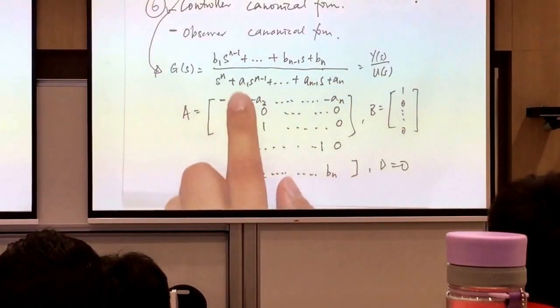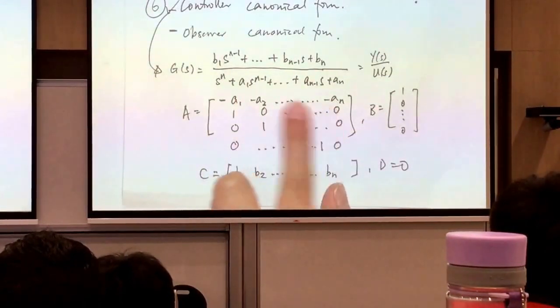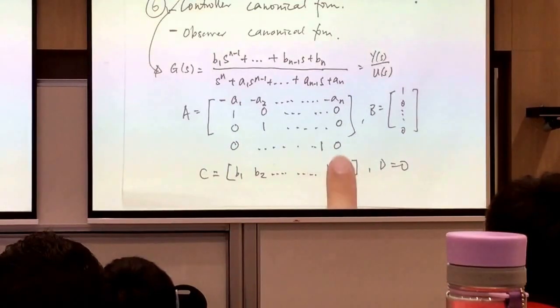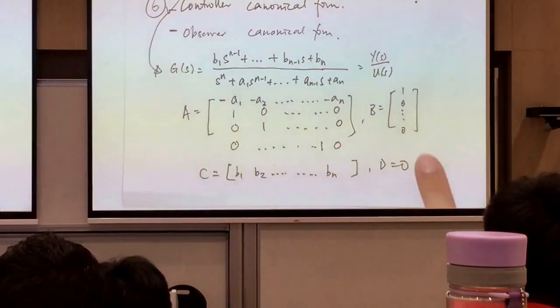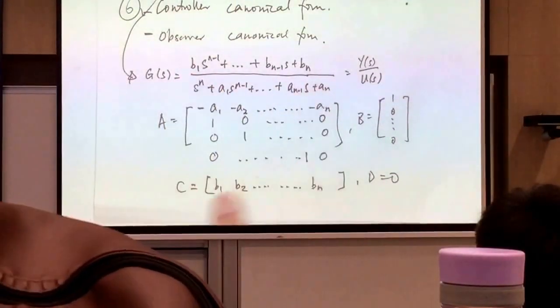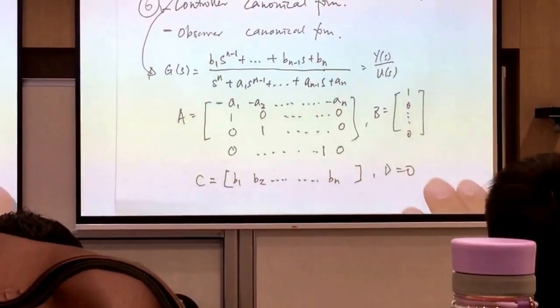So just arrange the coefficients from the left hand side to the right hand side in this manner. The bottom is a triangular matrix, and the bottom row runs through. B is [0, 0, 1], always the case, because we are looking at only one input most of the time. C is, if we arrange the coefficients from 1 to n in this manner, and D is usually 0.